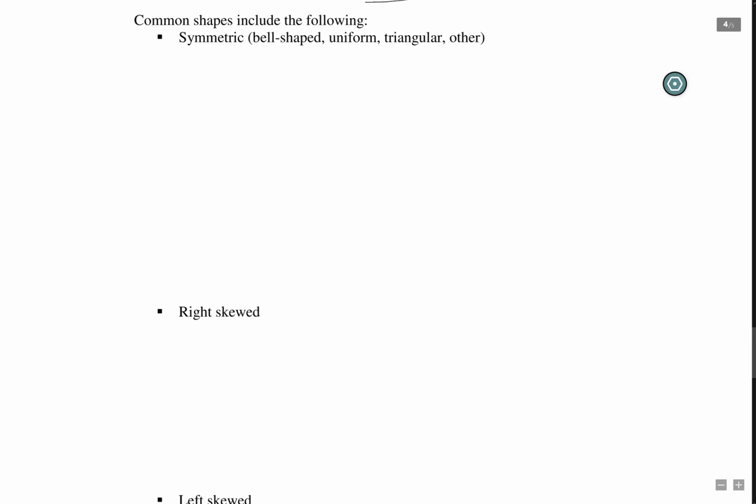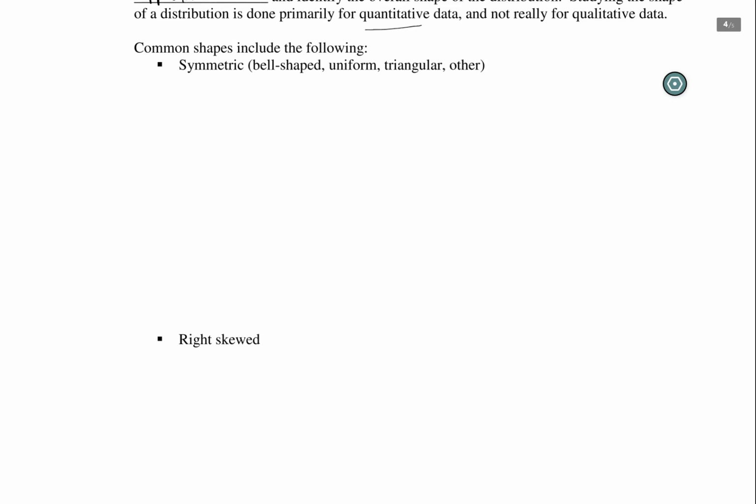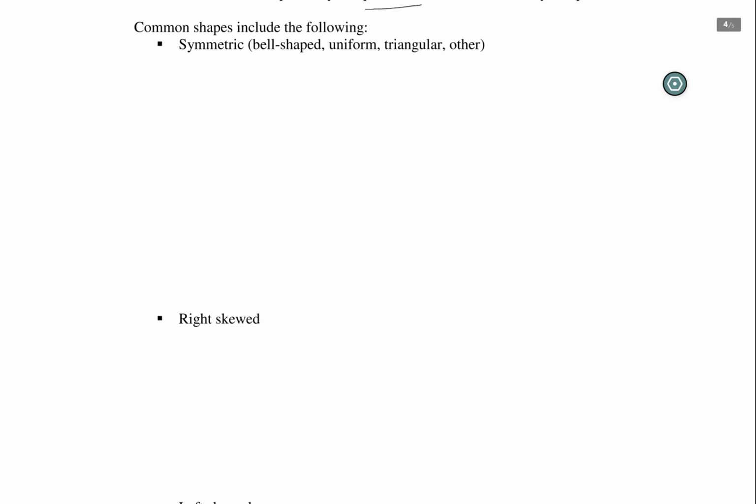So common shapes that we look at here are symmetric, what's called right skewed, and left skewed. Symmetric here, even within symmetric, we're going to break it down into 4 categories. There's bell shaped, and I'm going to draw, instead of a histogram with bars in it, a smooth curve that would reflect the general shape of such a histogram.